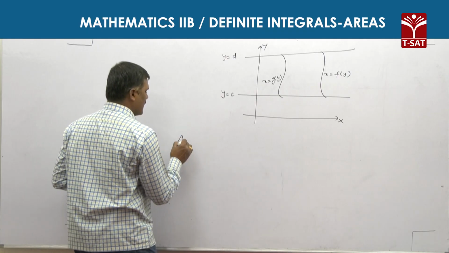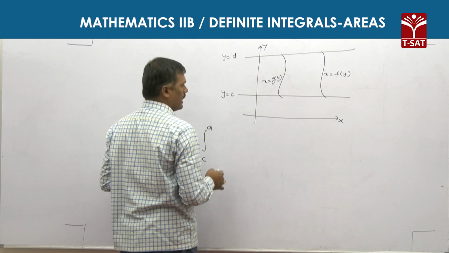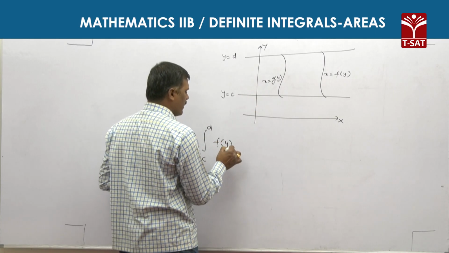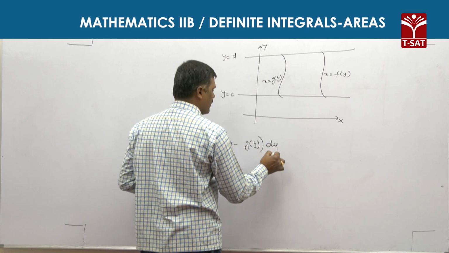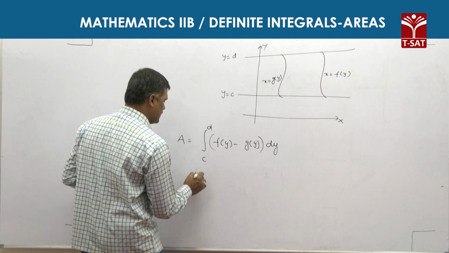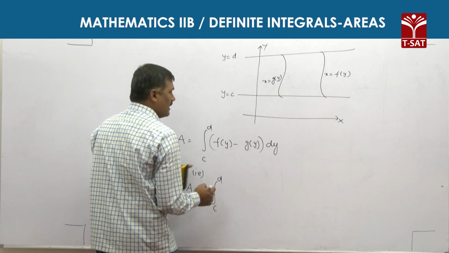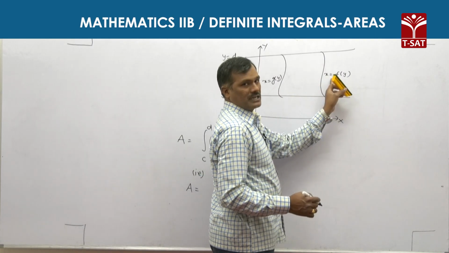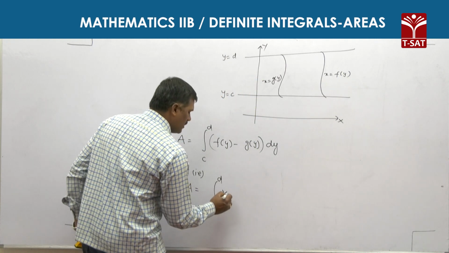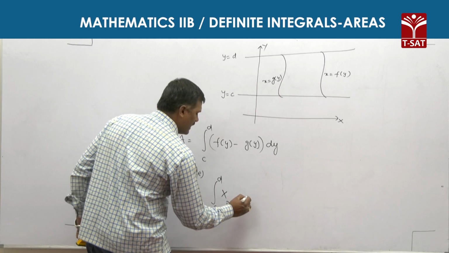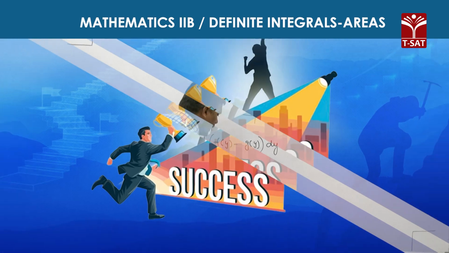Therefore, area A is equal to the integral of c to d of f of y minus g of y into dy. That is, x rightmost curve minus the leftmost curve into dy, where the function is in the variable y.